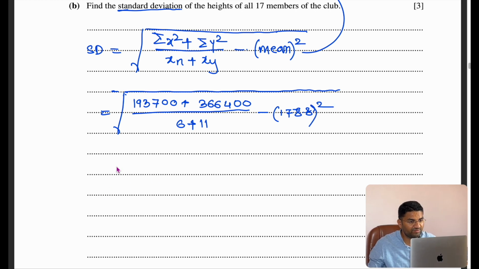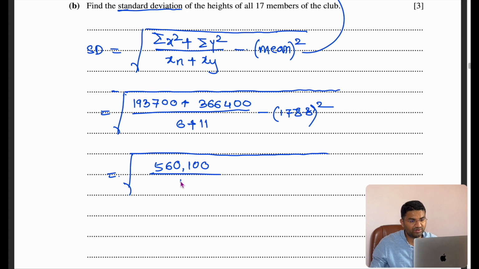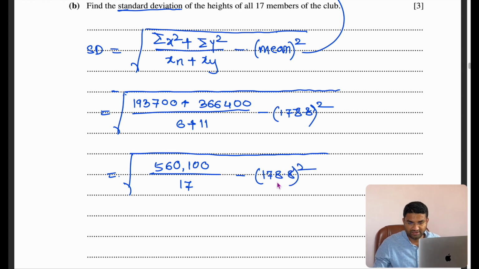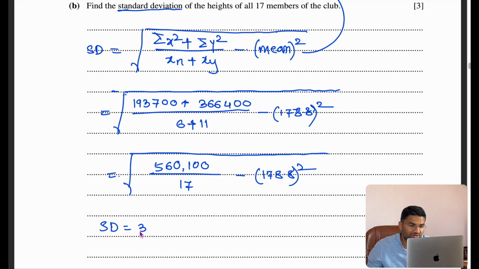If you simplify the whole thing, you get 560,100 divided by 17 minus around 178.8 bracket square. You put it in the calculator and you will get the answer straight away. Standard deviation is equal to around 30.8.